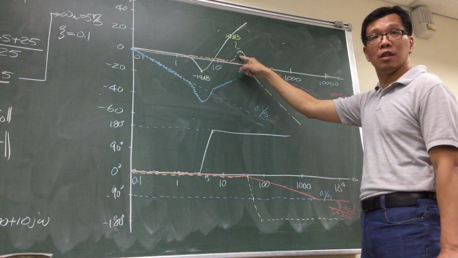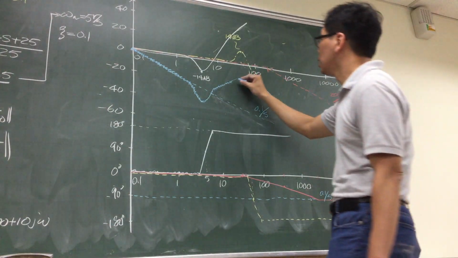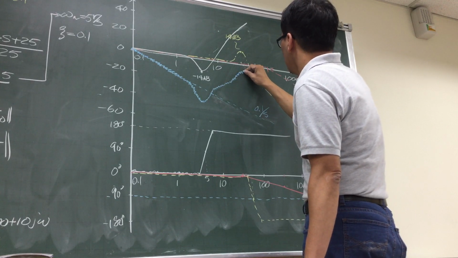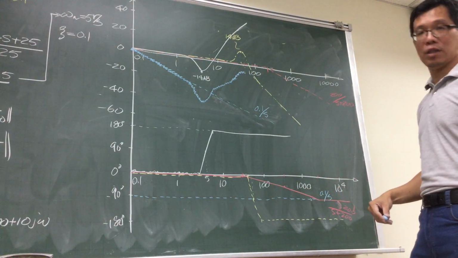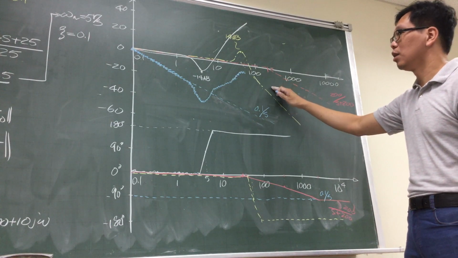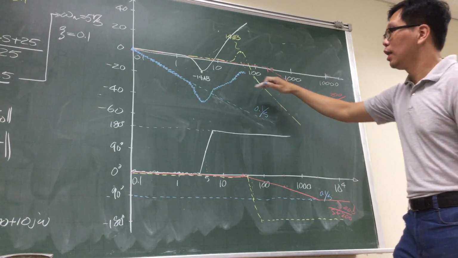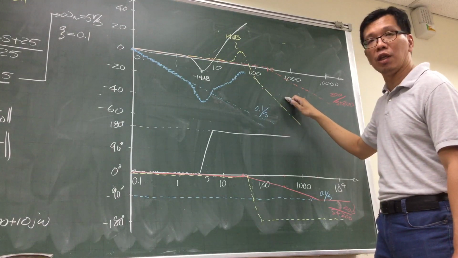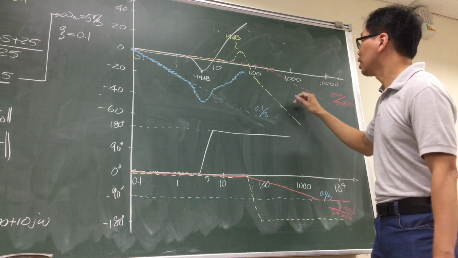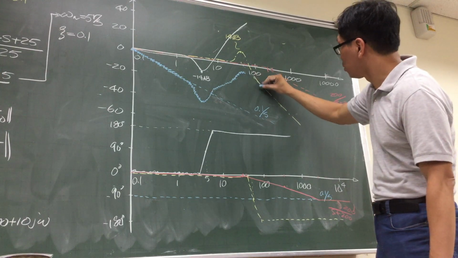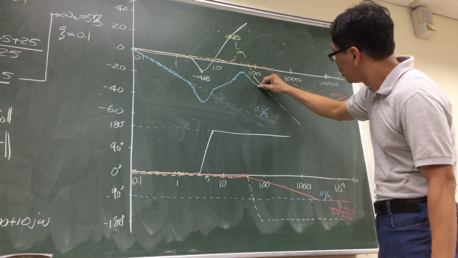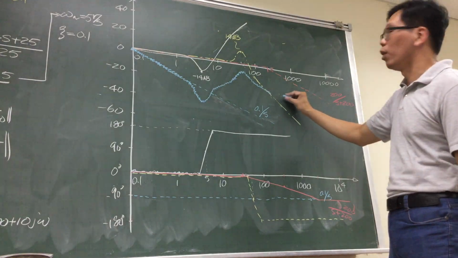And you will hit your second peak. Now what? You will start to hit -40. Now this is a +20. When you hit -20, it becomes what? -20. But it's just a little bit over here. Then it becomes what?